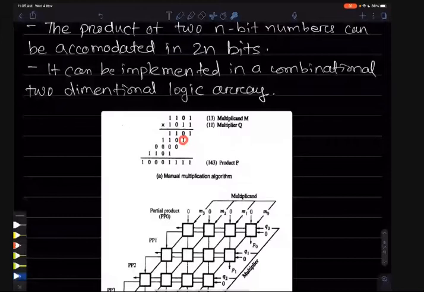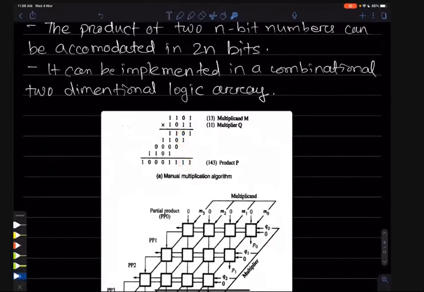The multiplication product output is 1, and the previous partial product is 0. So what you have to do is add 0 plus 1, and the result will be 1.